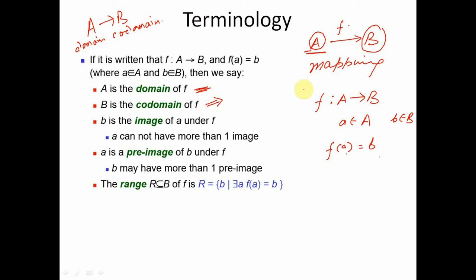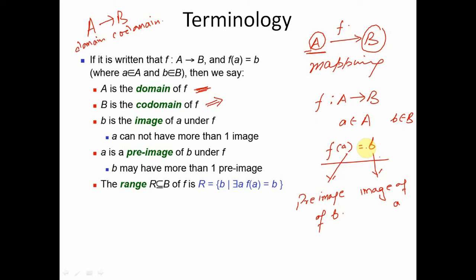Then when I write it like this, f of a is equal to b, then b is called the image of a and a is called the pre-image of b. If I write f of a is equal to b, then we say that b is the image of a and a is said to be the pre-image of b.